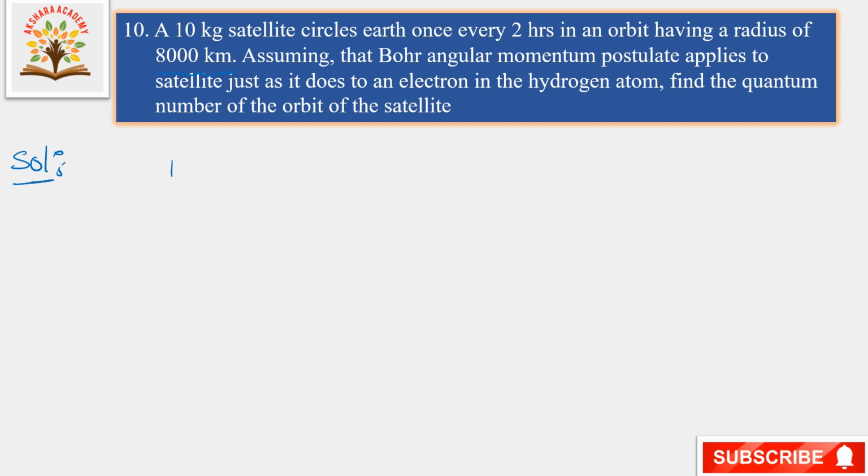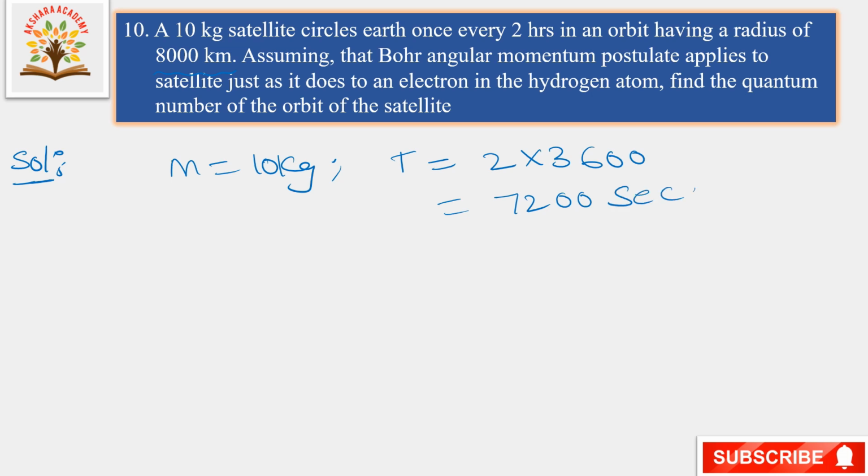mass m is equal to 10 kilogram and t is equal to 2 hours, converting into seconds, 3600, so that is equal to 7200 seconds.